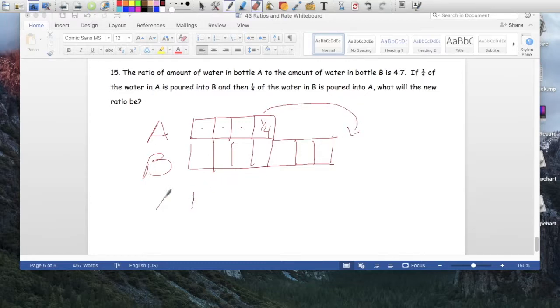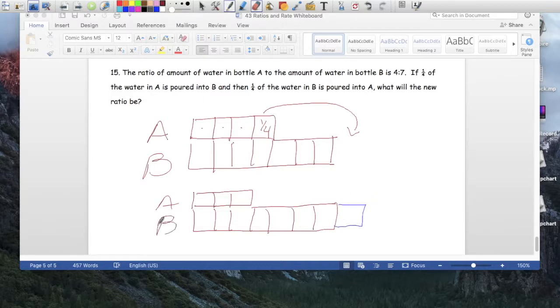So now A is going to have only 3, because 1/4 of it, that part, I'm going to move to B. And B, which had 7, 1, 2, 3, 4, 5, 6, 7, now with that extra part, and I'll change colors, has 8. That's what happens when 1/4 of A gets moved there. And here's that 1/4 that came in, that one box.